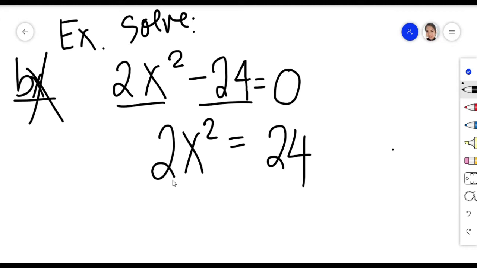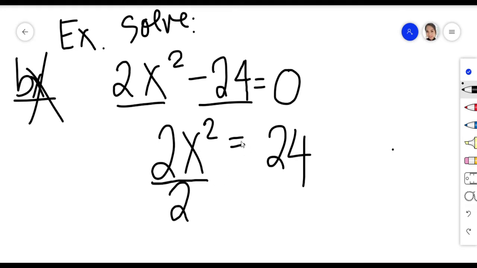Now notice that the value of our a in the quadratic term is not 1, it is 2. So we have to make it 1 by dividing the quadratic term by the same value of a, which is 2. Whatever is the number on top, divide it by the same number below.